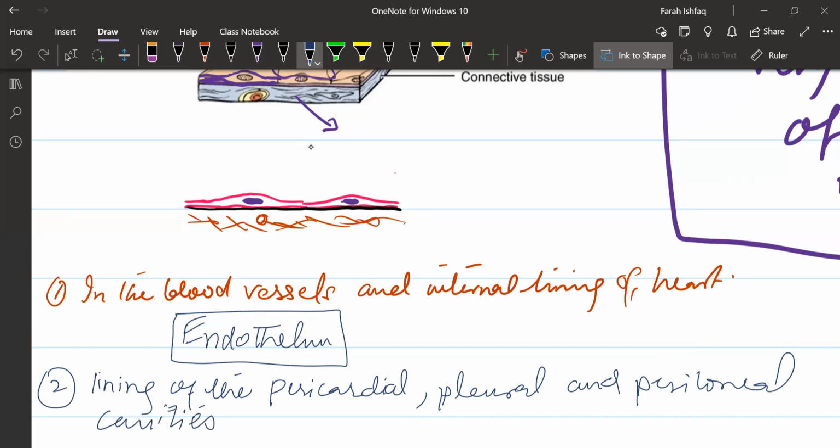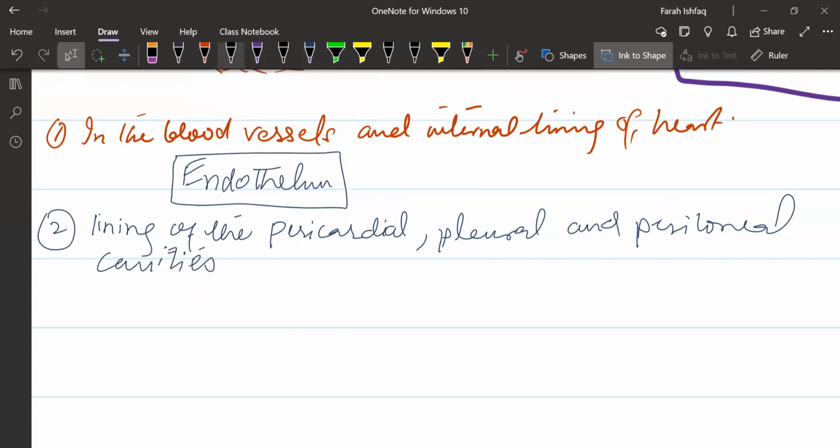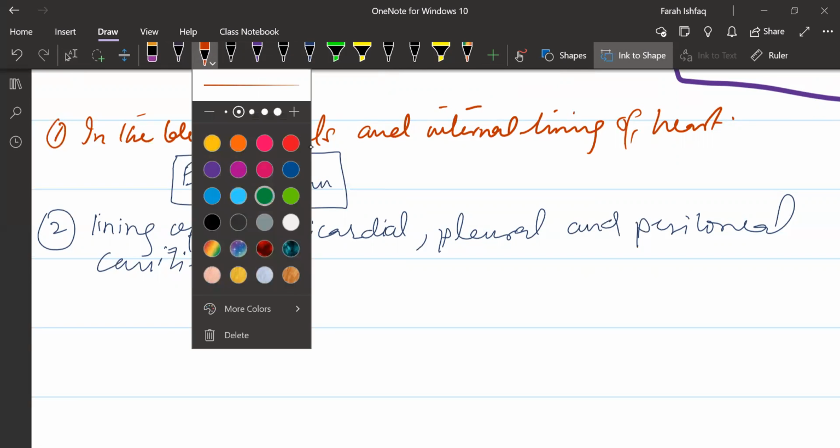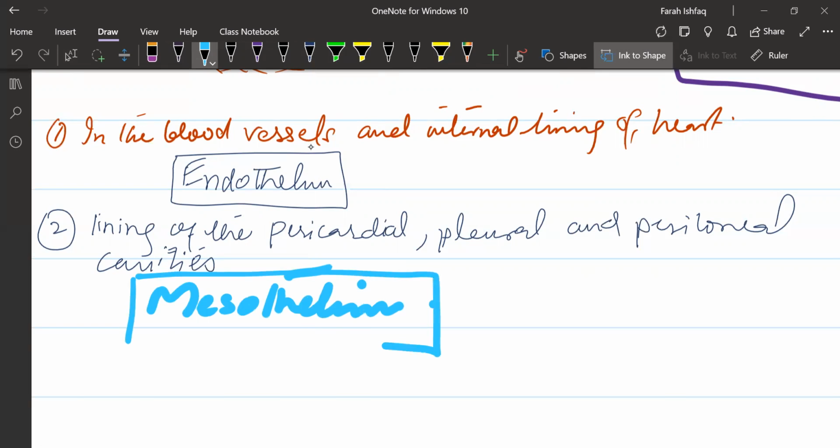Now here again a specific name is given to them, that is the mesothelium.